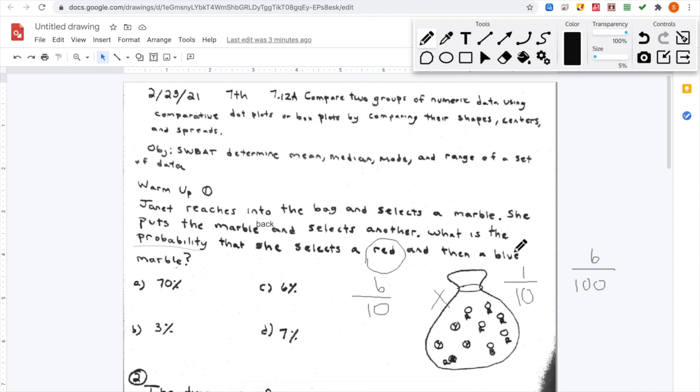So now we have to find that as a percent. So to turn a fraction into a percent, first we're going to turn it into a decimal. 6 divided by 100, and that's going to give us 0.06. And to turn this into a percent, we're going to move it over 1, 2. So we would have 6%.